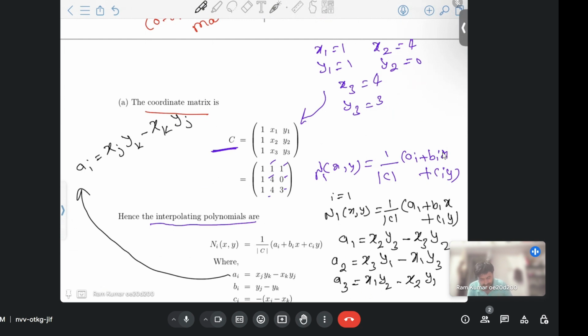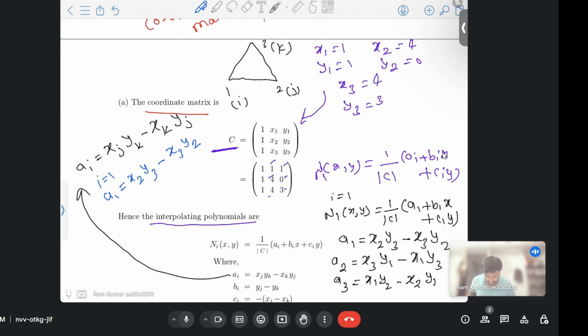For example, for this triangular element we have 1, 2, 3, so this is our i, j, k. If we write for a1, meaning i equal to 1, then a1 equal to xj, means x2, yk means y3, minus xk, means x3, y2.